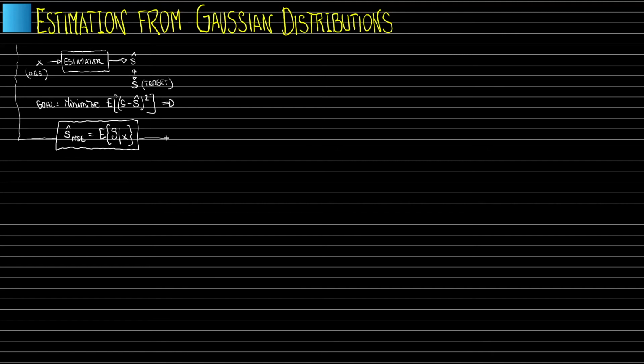and in this video we're going to discuss what happens when the joint distribution of the random variables s and x is a Gaussian distribution.